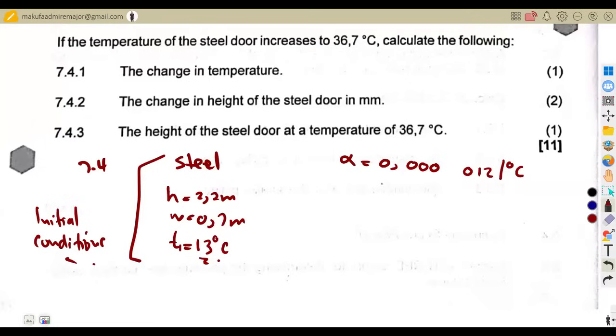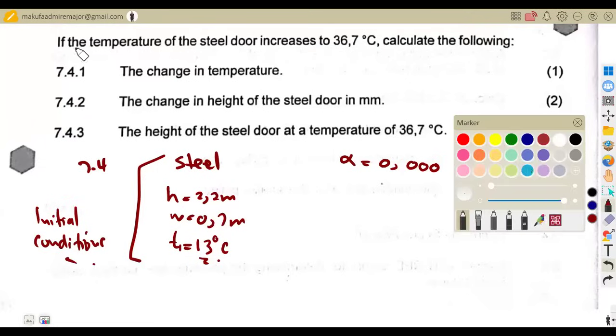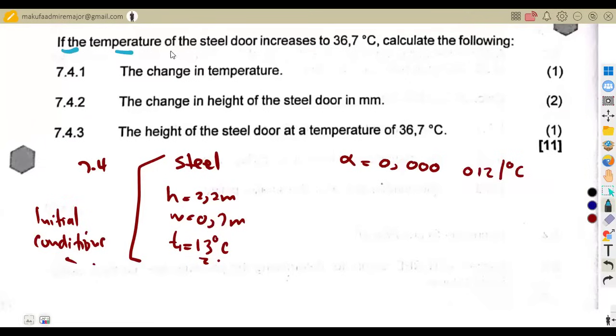All right. So now they are saying, if the temperature of the steel door increases, meaning to say we are now at the final conditions where T2 is now at 36.7 degrees Celsius. Calculate the change in temperature.